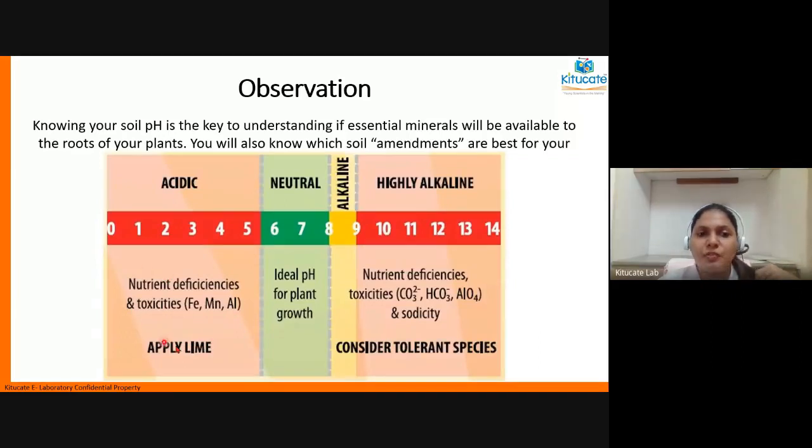So in case of acidic soil, apply lime, which I said is quicklime. And when the soil is a little bit alkaline, that means 8 to 9, it is still tolerable. But when it is highly alkaline, it lacks all the carbonates, and in that case not much can grow in your soil. So it's very important.